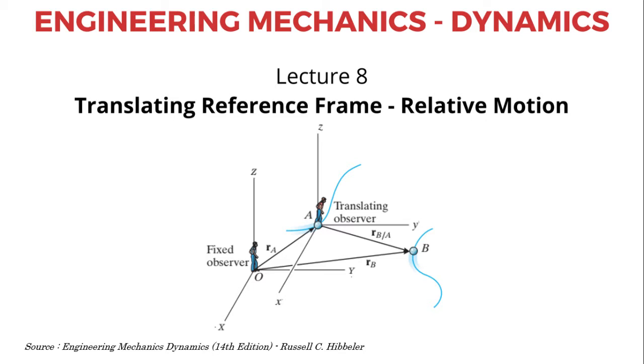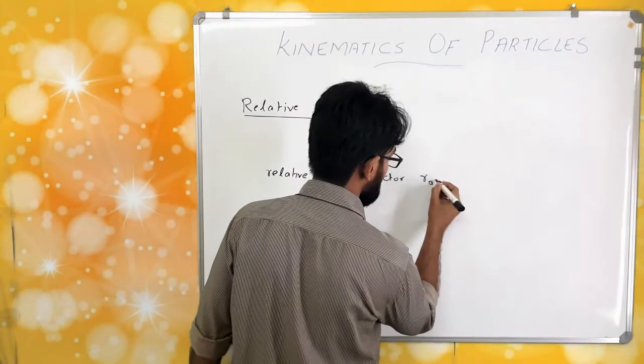The origin of the second frame of reference small xyz is attached to the particle A, which can translate with respect to the fixed reference. The position of B measured relative to A is denoted as the relative position vector RB with respect to A.